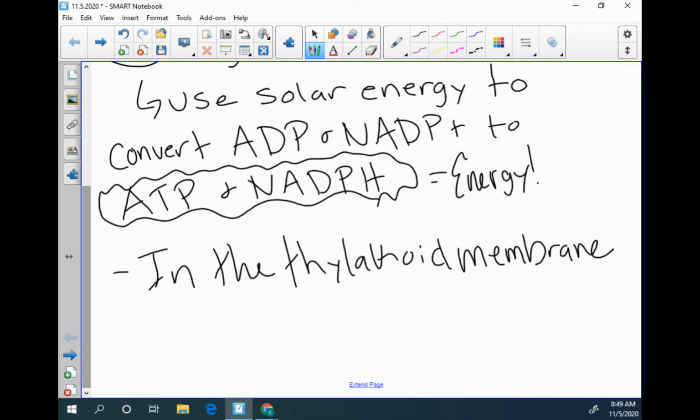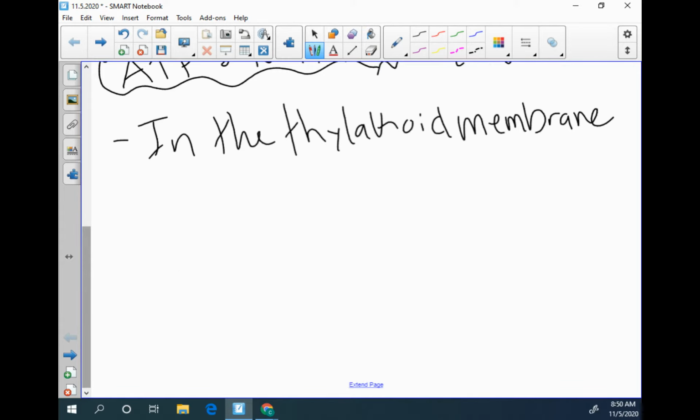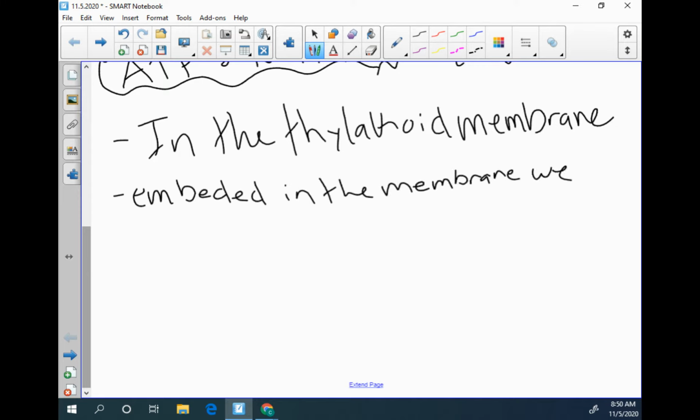And when I say in the membrane, I mean it is embedded in the actual membrane. Because embedded in the membrane we have clusters of proteins and chlorophyll that we call photosystems.